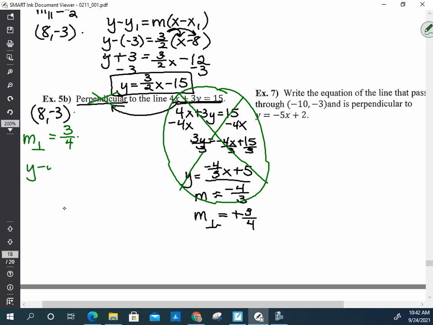So we go back to the point slope formula. So y minus negative 3 equals 3 over 4, parentheses x minus 8.